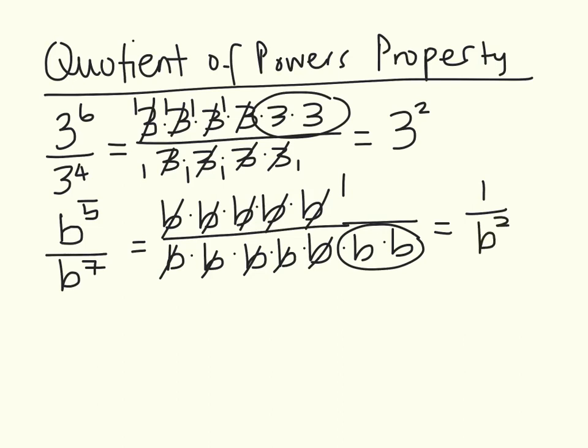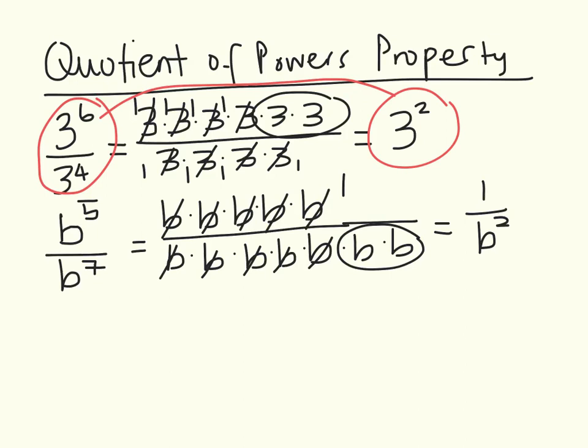So you can see from here that there is some rule that we are looking at right now. If you have 3 to the power of 6 divided by 3 to the power of 4, you end up with 3 squared.